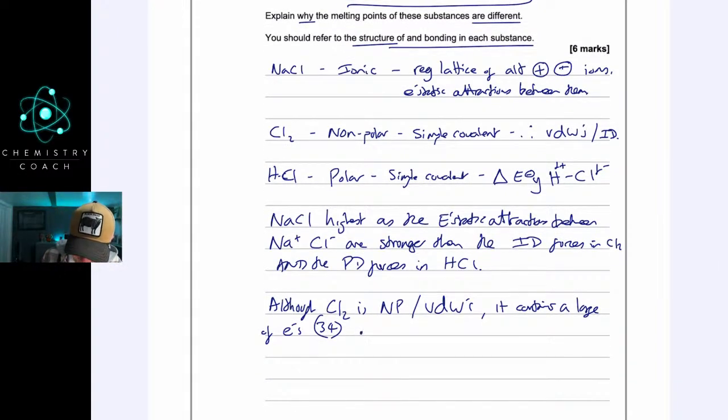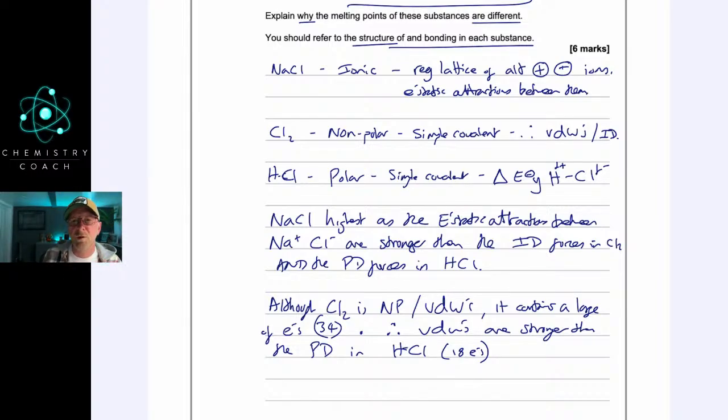So what that means is, therefore, these van der Waals forces are stronger than the permanent dipole forces in HCl, and that's only got 18 electrons in it. Even though it's polar, it must be weaker than Cl2, because Cl2's just got a truckload of electrons in it because it's just massive, okay?